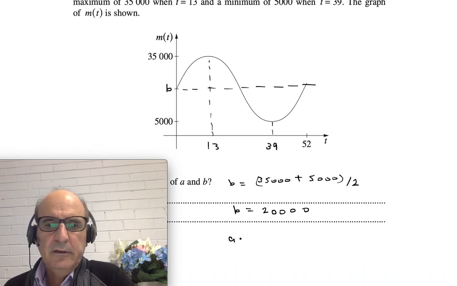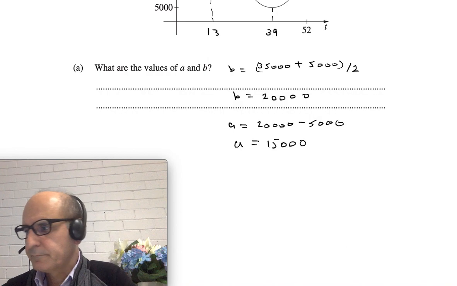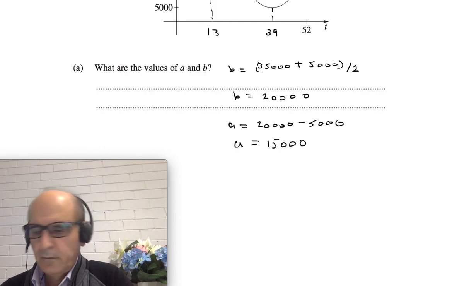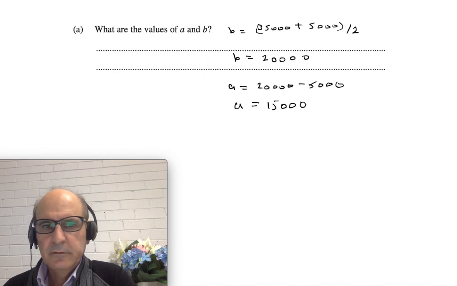So A is then 20,000 take away 5,000, that is A equal to 15,000. So A came as 15,000 and B as 20,000. That was part A of this question.